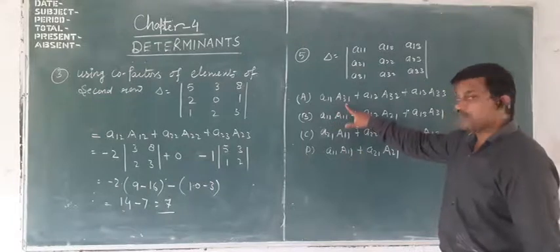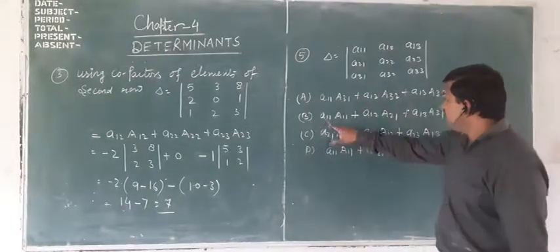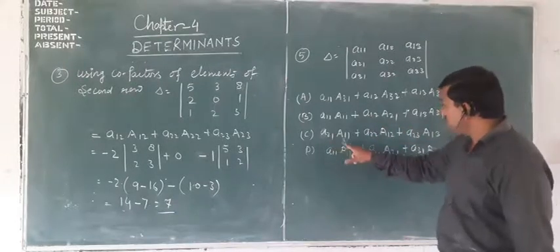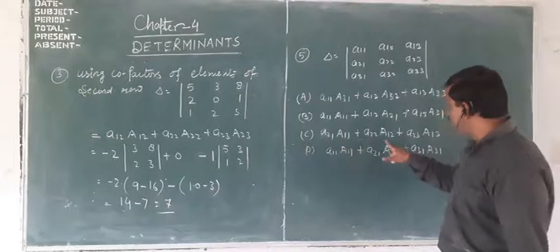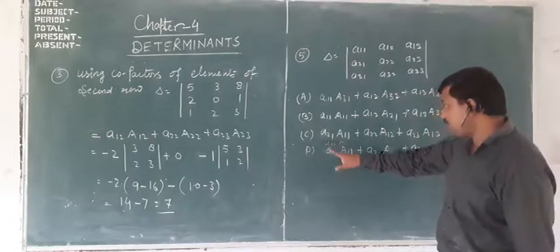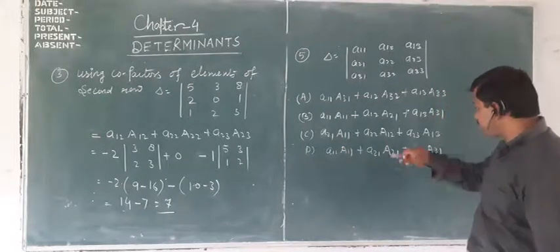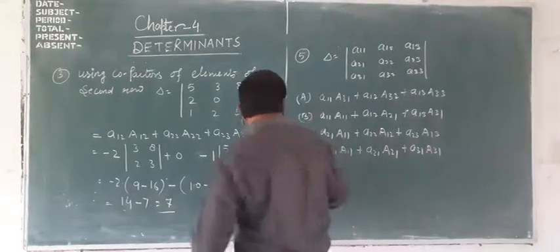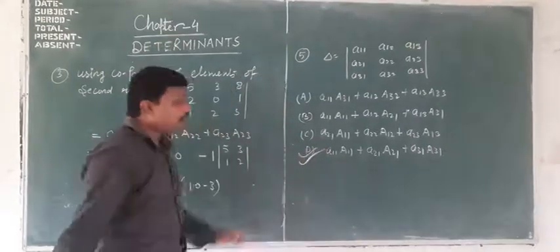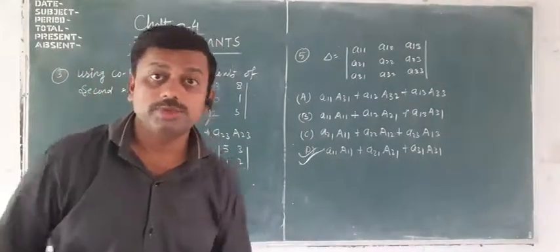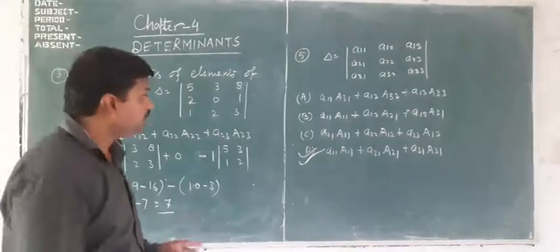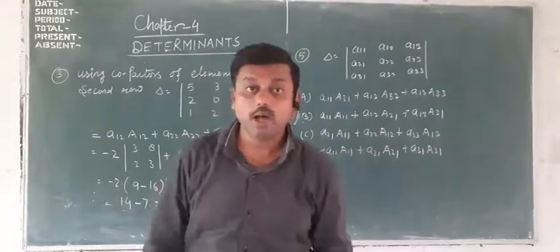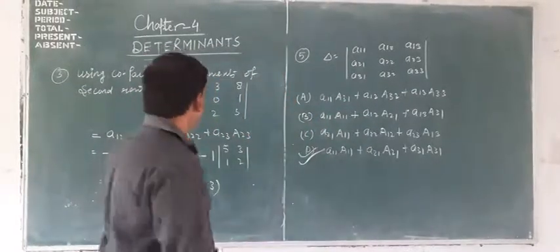Here these are cofactors of other elements, not of the same. So this result gives the value of the determinant, the other gives sum 0. So this is the verification, and this verification is most important for the upcoming exam and upcoming exercises.